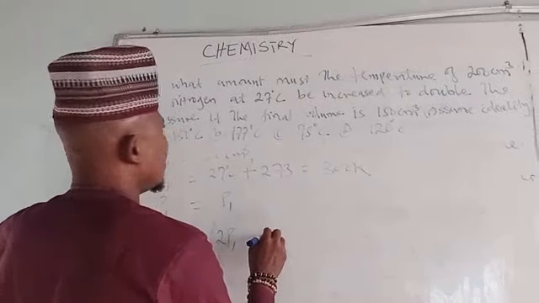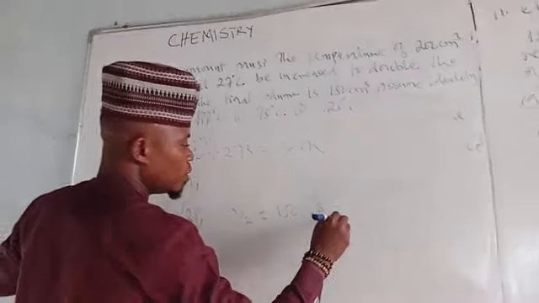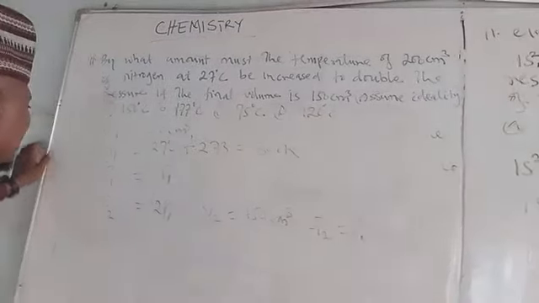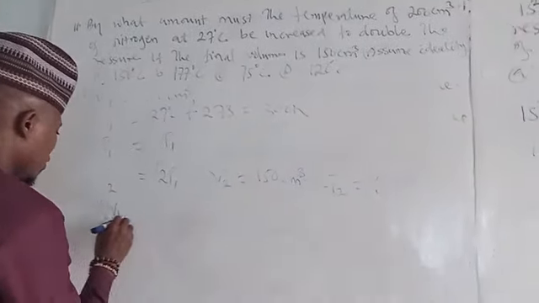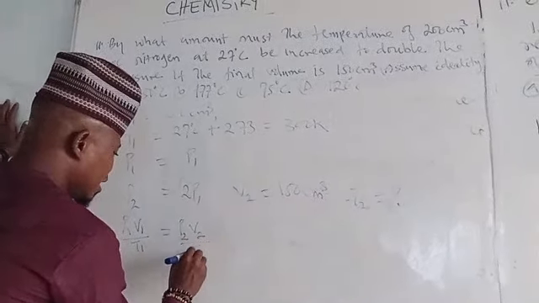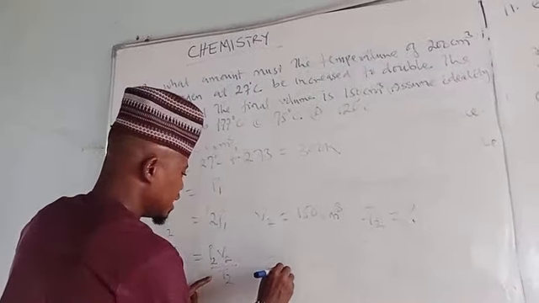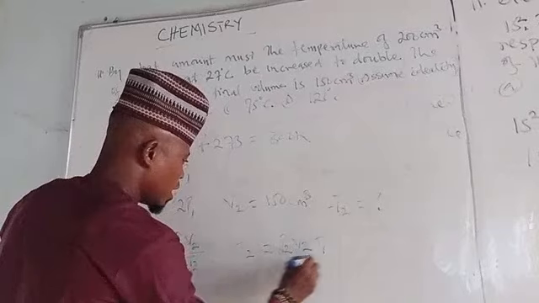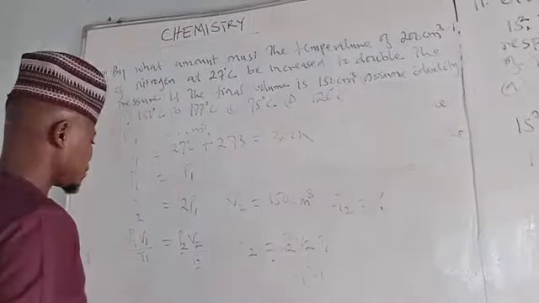Now, V2 is equal to 150 cm³. We are looking for T2. T2 is what we are looking for. So from the data we have, use the general gas equation where P1V1 over T1 is equal to P2V2 all over T2. We'll make T2 the subject of the formula. So we're going to have T2 is equal to P2 V2 T1 all over P1 V1.